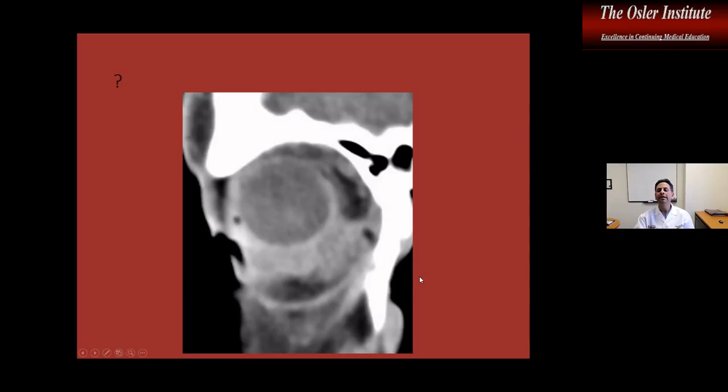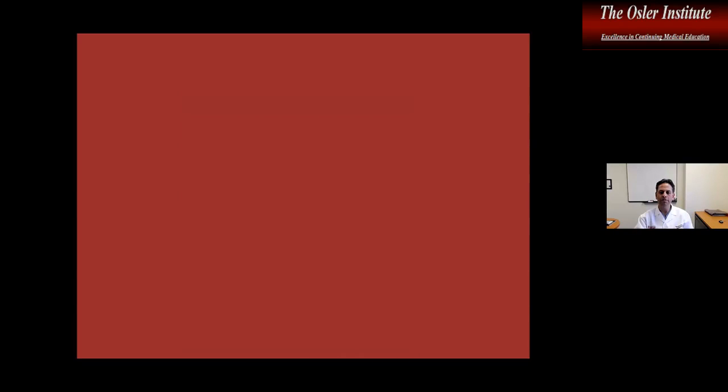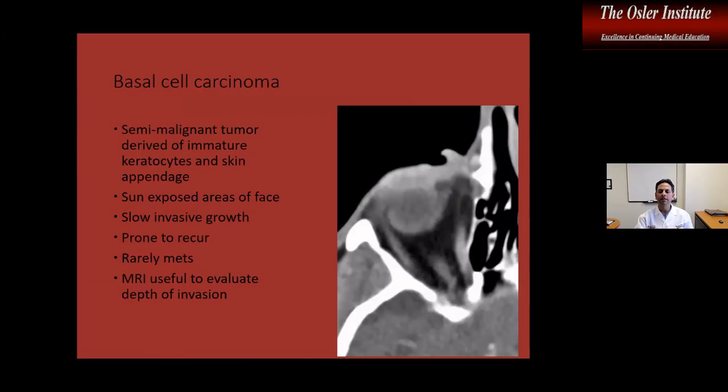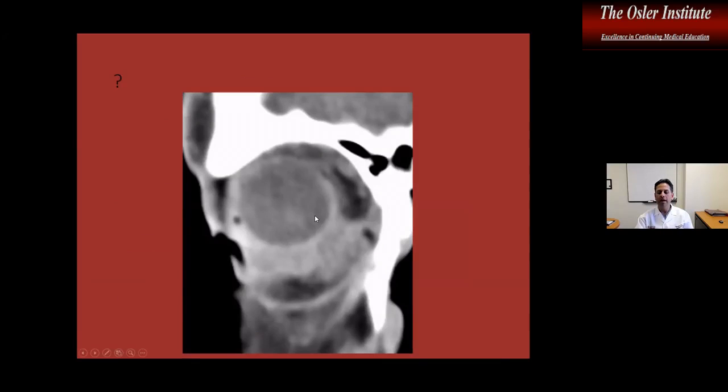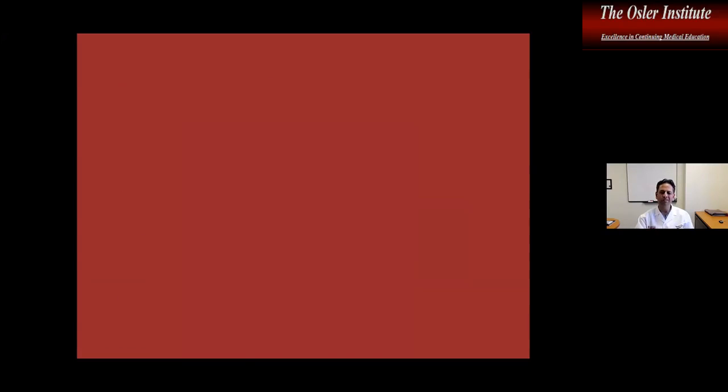It can be anything, right? It can be inflammation, lymphoma, metastases, any of that. So we have to look at the clinical history. This was actually basal cell carcinoma. Here you can see it's in the eyelid, and it was going under the globe.